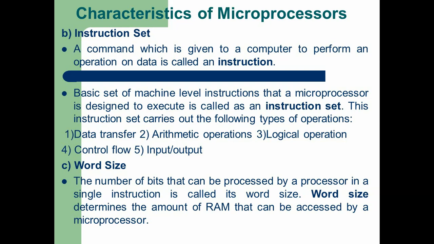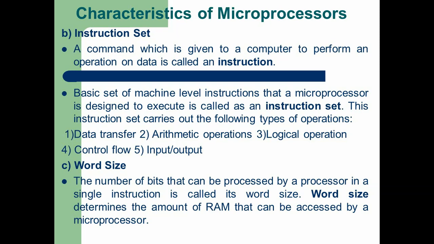This set of commands is called the instruction set. The instruction set carries out five different operations: number one, data transfer; number two, arithmetic operation; number three, logical operation; number four, control flow; and number five, input output. These operations are discussed elaborately in the upcoming topics.